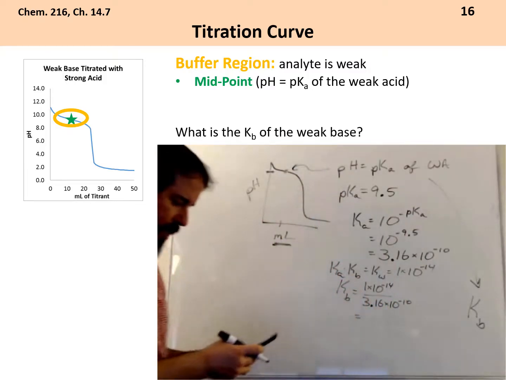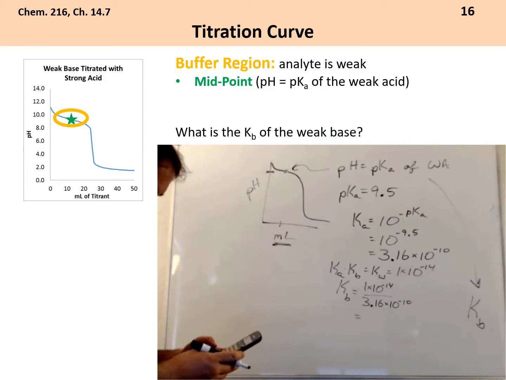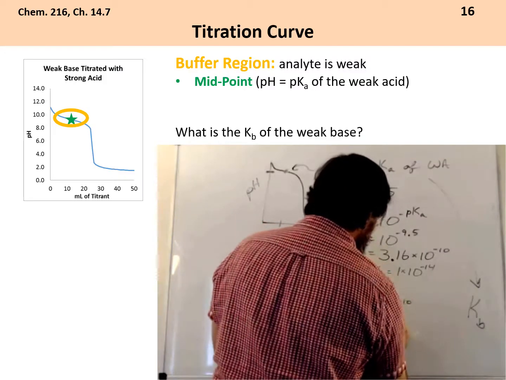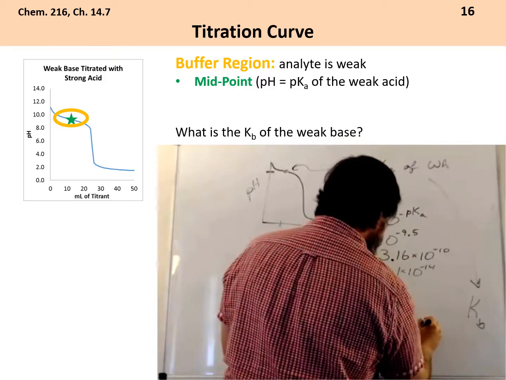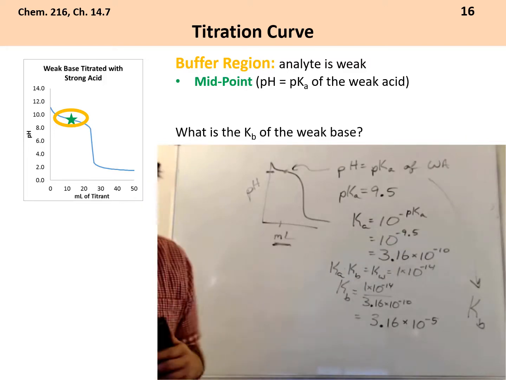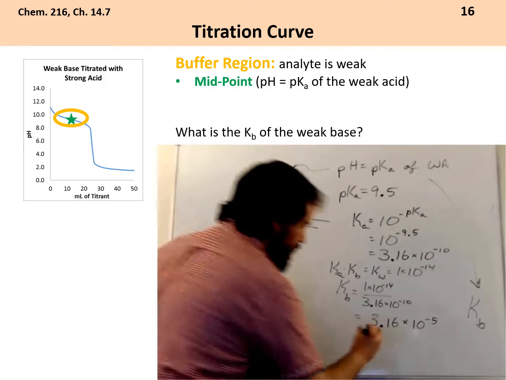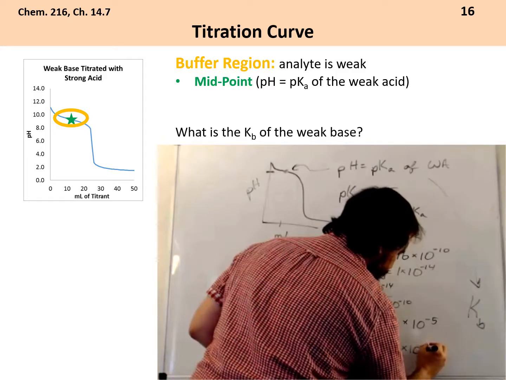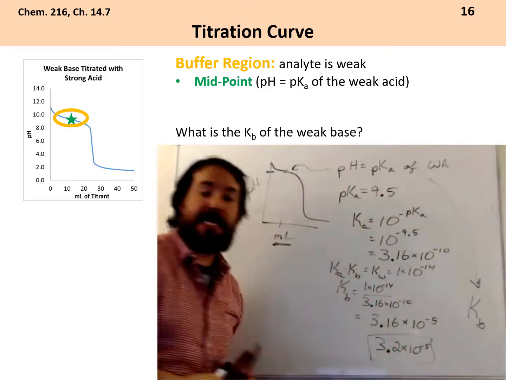And that's going to give me 3.16 times 10 to the minus 5. Seeing that I started off with 2 sig figs, we'll just round this to 3.2 times 10 to the minus 5. That's my Kb.